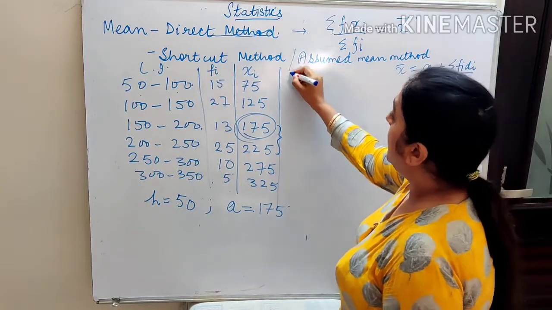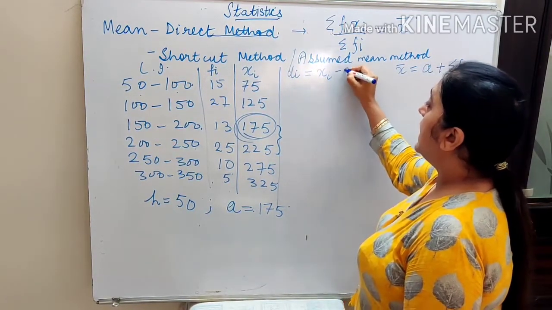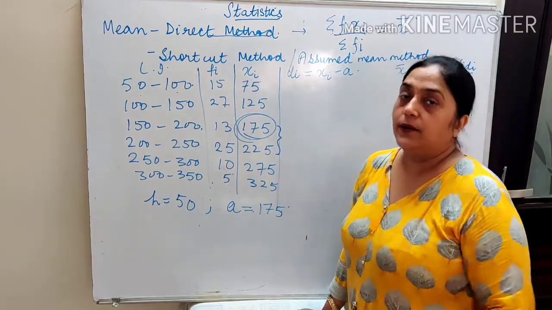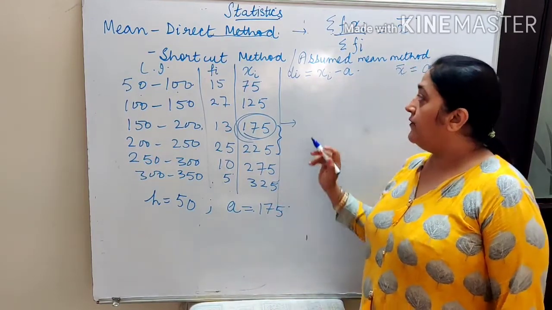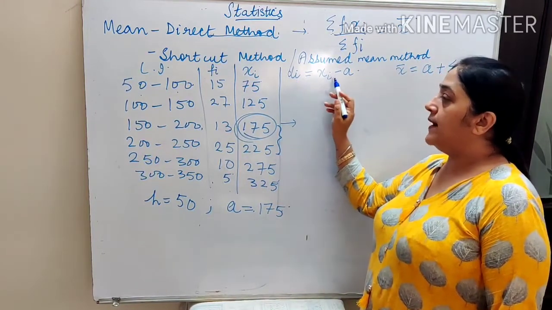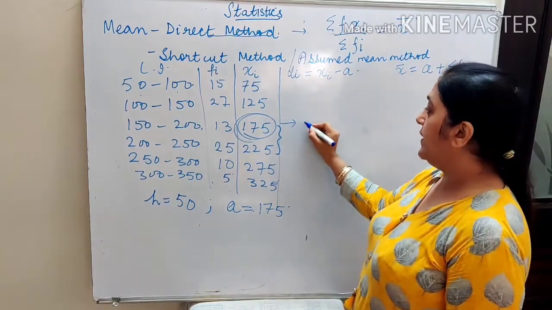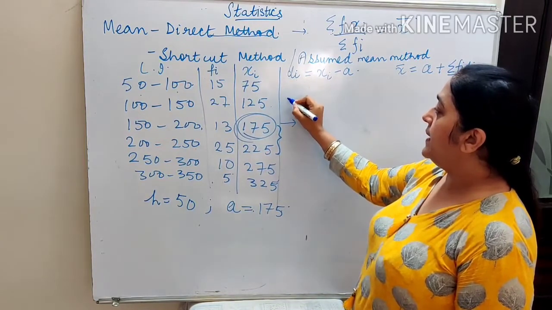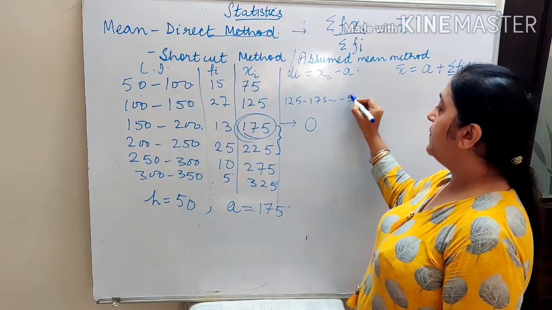So what will I do? I will find out di. What is the formula for finding di? Di is equal to xi minus a. Now what will I do? I will find out di. Di is equal to xi minus a. Again 175 minus 175 is 0. 125 minus 175 comes out to be minus 50.